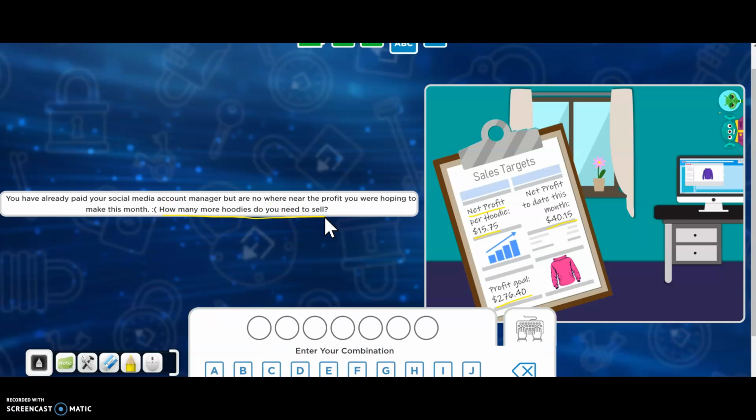So the first thing I needed to do was take $276.40, my goal, and subtract what I had sold so far. And when I do that, I'm going to get the remaining profit that I am looking for, which is $236.25.